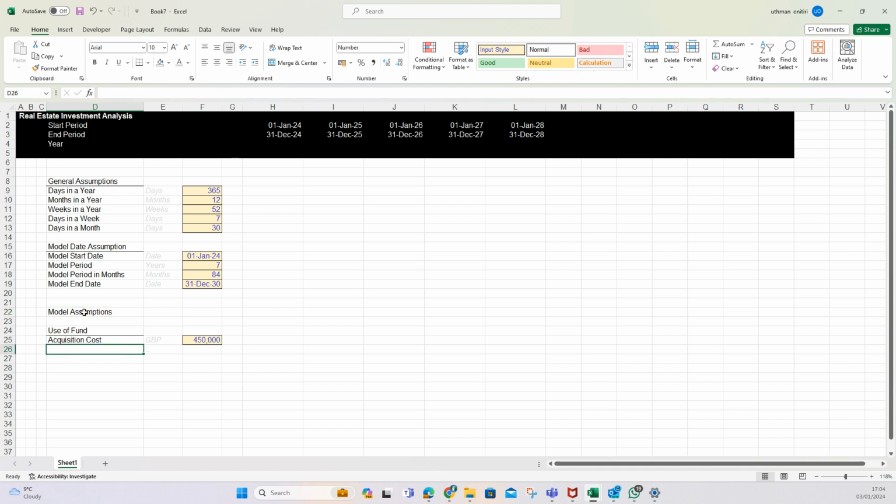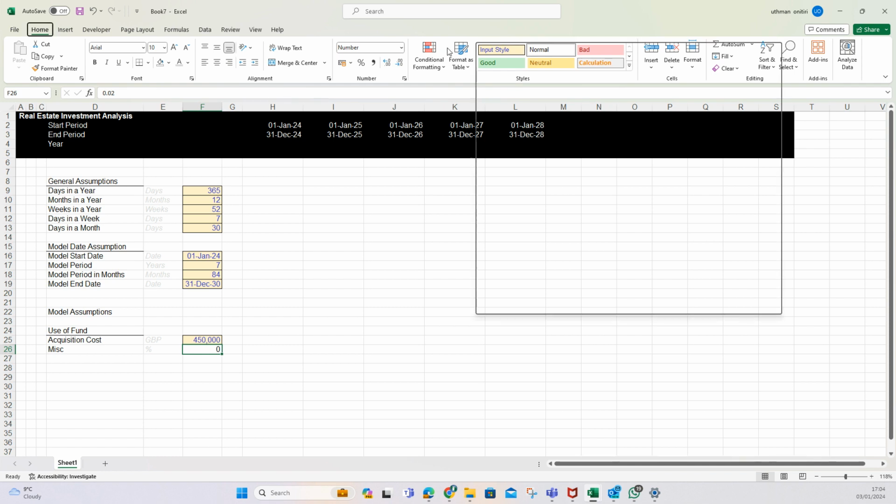Of course, when you buy a property, you expect some unforeseen expenses. Let's just assume there's an unforeseen expense. So we'd call it miscellaneous, and let's assume about 2% of the acquisition cost.